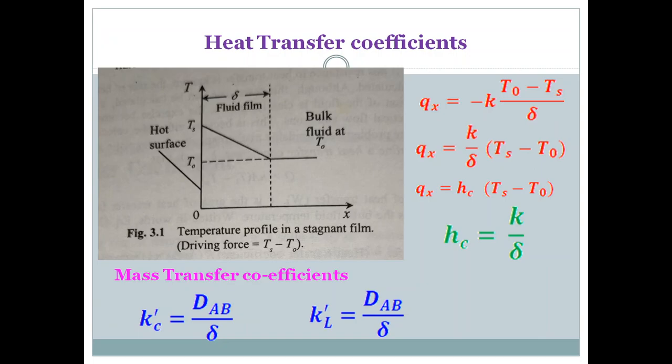So what is the delta determination? That is a very tough job, and still no theories have been developed. And this is the problem. Heat transfer coefficient and mass transfer coefficient are very similar, and in both cases the main problem is the accurate determination of delta.